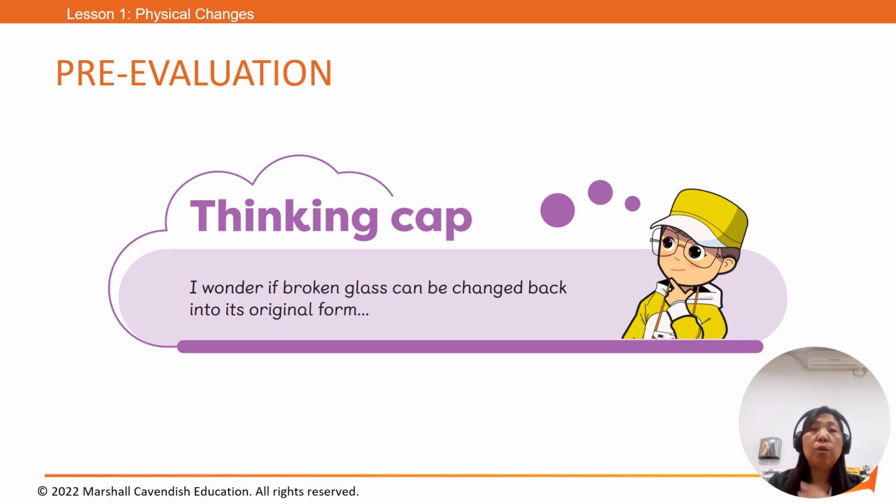That is too far. We are going to focus on the part where the broken glass cannot be changed back to its original form without any long process. So it is not possible to change back.